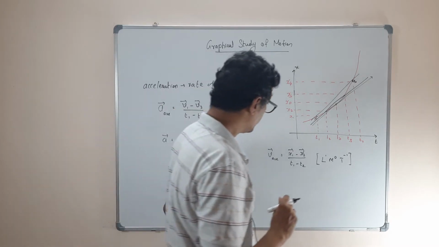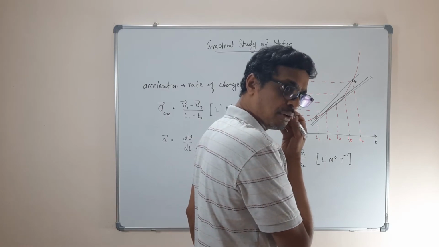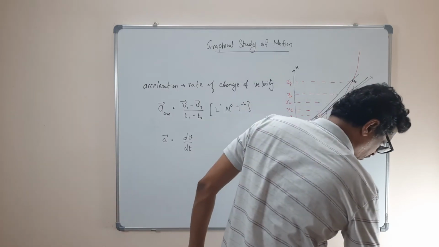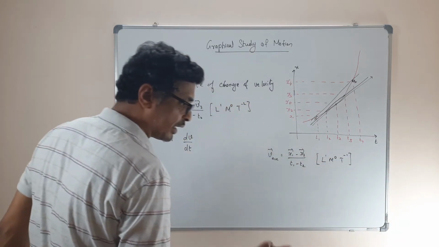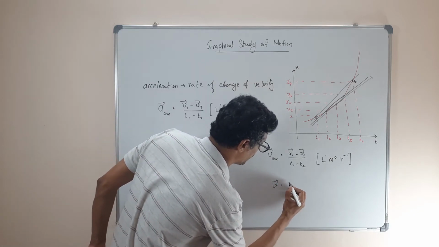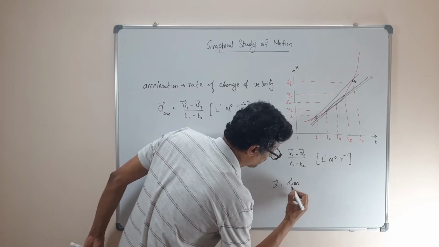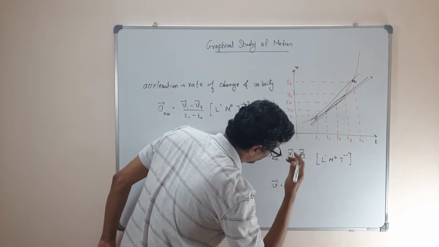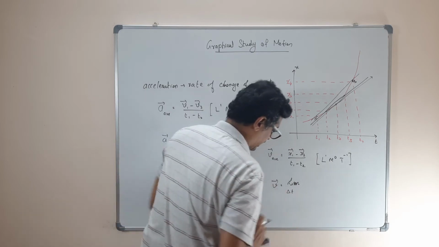I think earlier I made a mistake. I wrote limit dx tends to 0, and that was wrong. Sorry, I made a mistake. The actual thing is that time goes to 0.